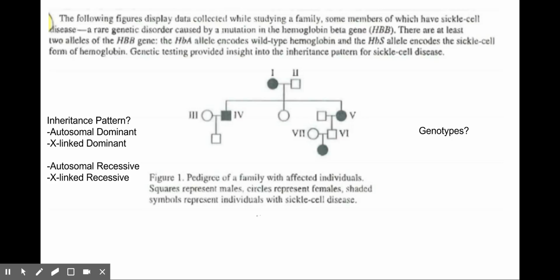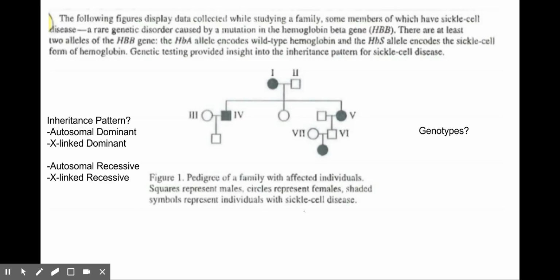Figure 1 is a pedigree of a family with affected individuals. Squares represent males, circles represent females. Shaded symbols represent individuals with sickle cell disease. Did it tell you what the inheritance pattern of this is? It did tell you that shaded represents individuals with sickle cell.